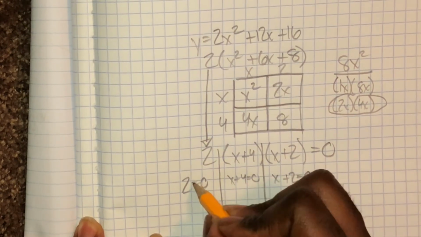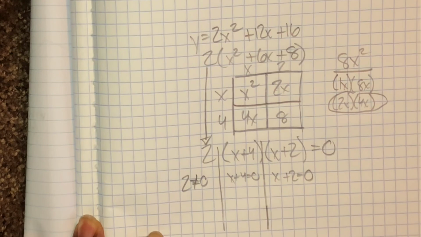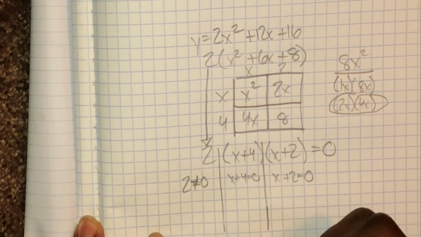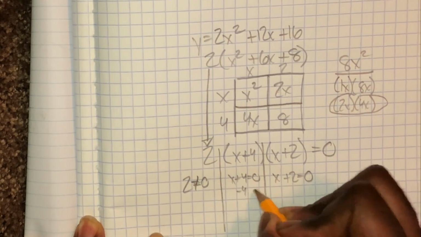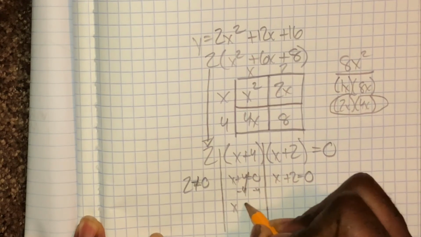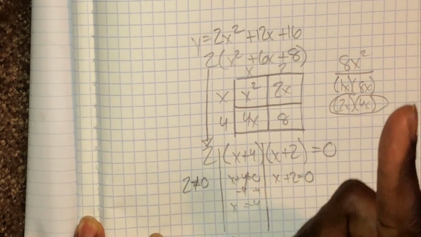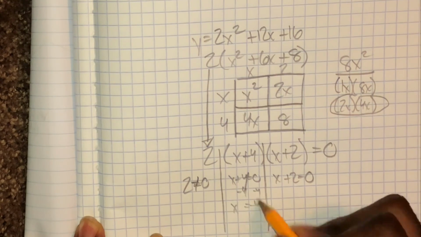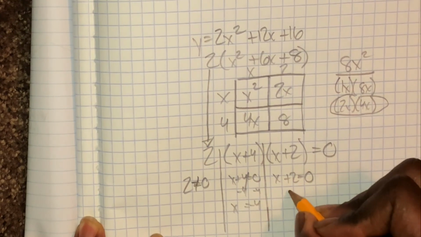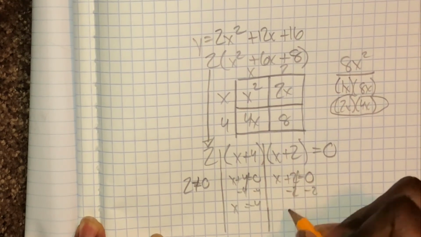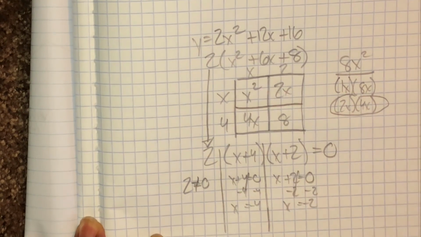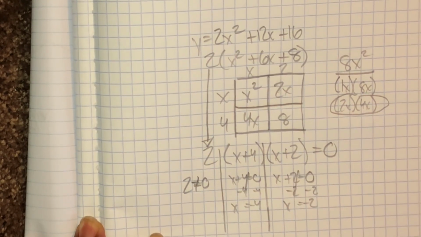So this would never happen. This is a factor but not a solution. X plus 4 equals 0. So we subtract 4 on both sides. That gives me x equals negative 4. That's one solution, meaning this is going to be one place it touches the x-axis. And then the other one would be at x equals negative 2. That's another place it's going to hit the x-axis.